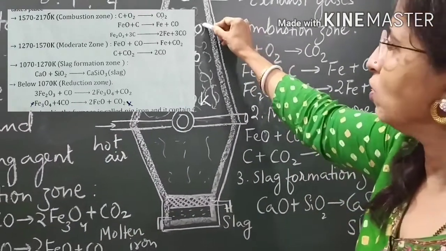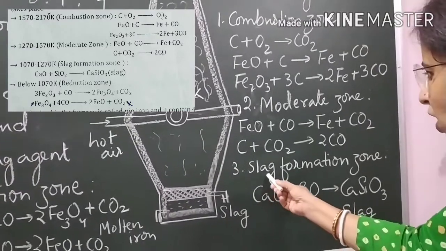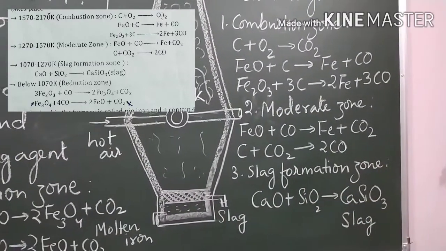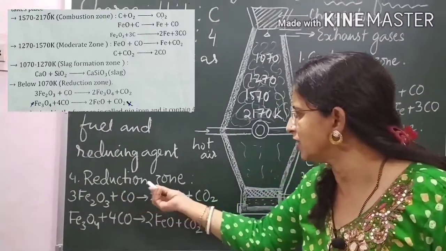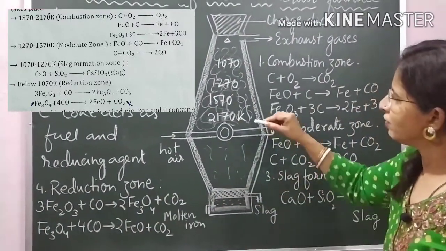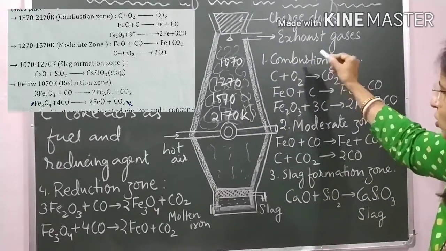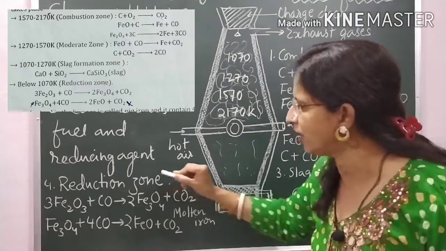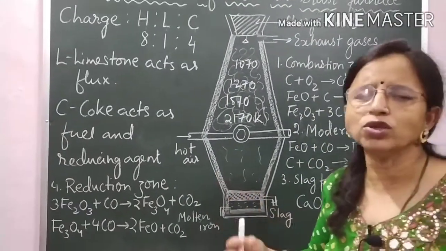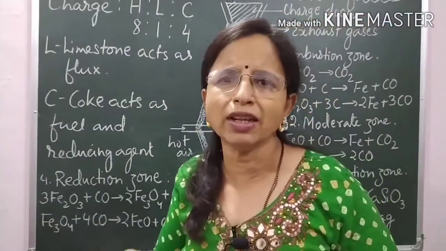Then from 1070 to 1270 is called as slag formation zone, and below 1070 Kelvin is called as reduction zone. So the furnace is divided into 4 reaction zones: combustion zone, moderate zone, slag formation zone and reduction zone. In these 4 zones, different types of reactions are taking place inside the furnace.